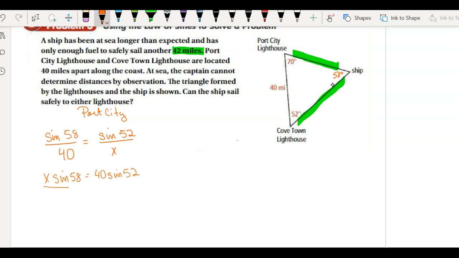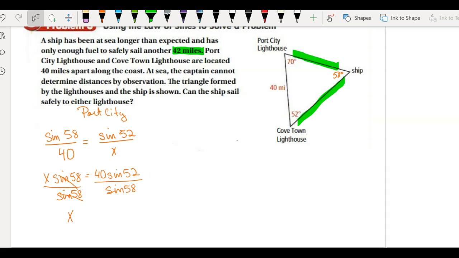Who's in my way for x being by itself? The sine of 58. Now remember, that's just a number. It's just written funny. So now we're going to divide by the sine of 58. So x is equal to 40 times the sine of 52 divided by the sine of 58.